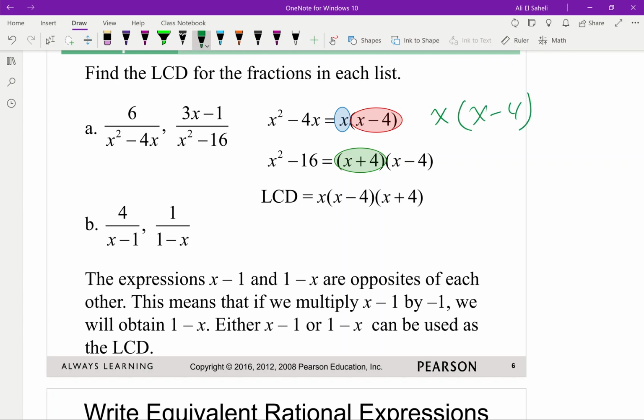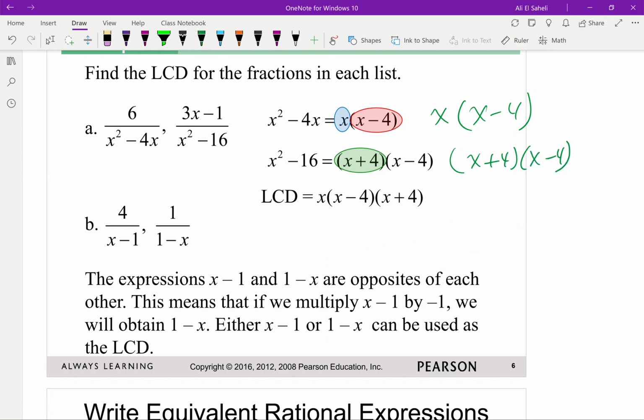The second one, remember this trick we learned before, this is x squared minus 4 squared. So this is a squared minus b squared. It's a minus b, a plus b. So this is written again as x plus 4, x minus 4.